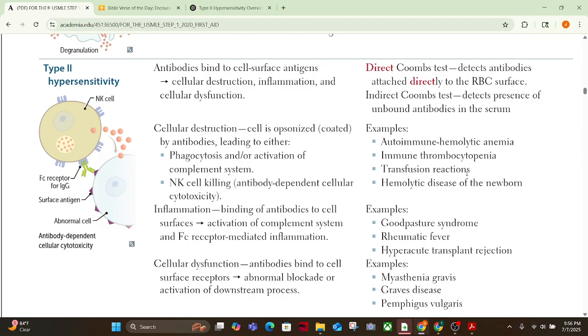So when she has a Rh antigen on her cell membrane, my body will recognize that as foreign, and my body will make Rh antibody against this Rh antigen.